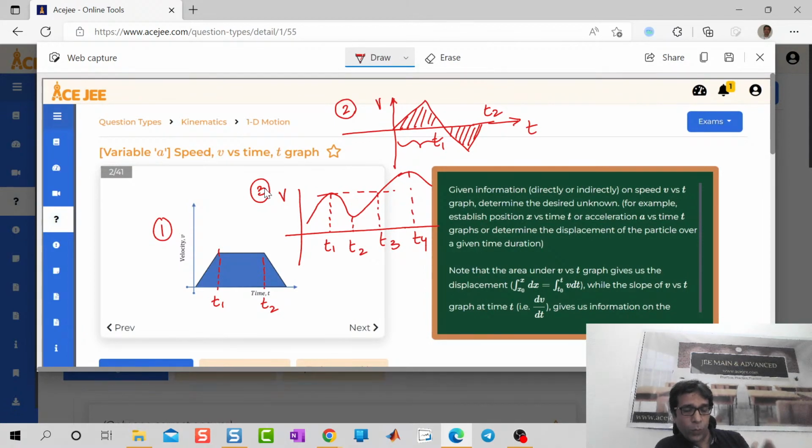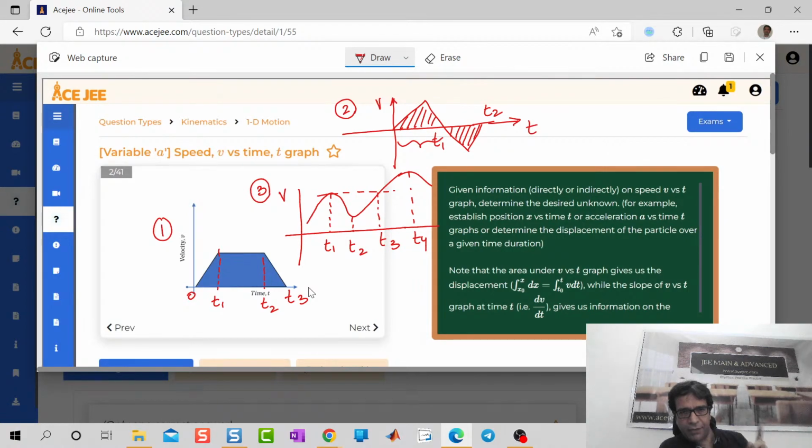So between 1 and 2, let's talk about the average acceleration. In graph 1, if you look at the duration 0 to t2, is your acceleration 0, or is your average acceleration?